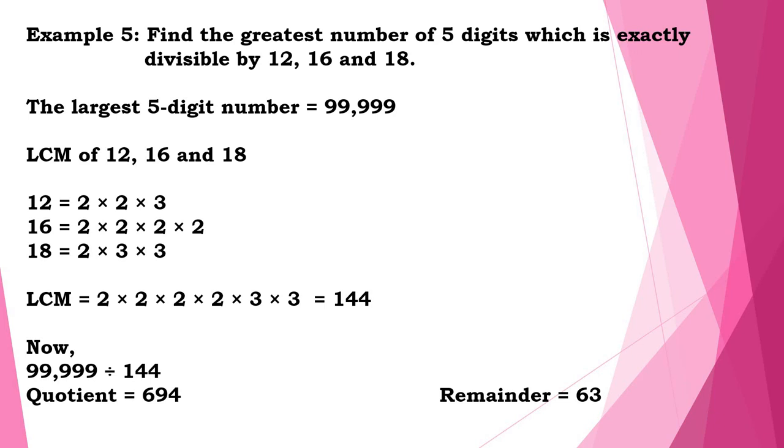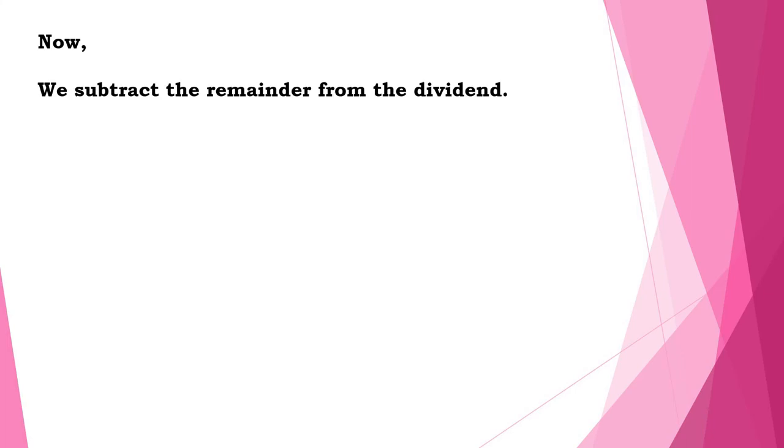Now in this case, when you have to find the greatest number of 5 digits, we will simply subtract the remainder directly from the dividend. So 99,999 minus 63 is equal to 99,936. So the required number is 99,936.